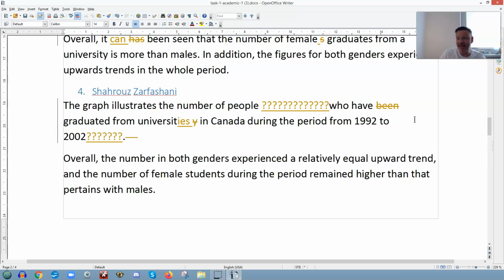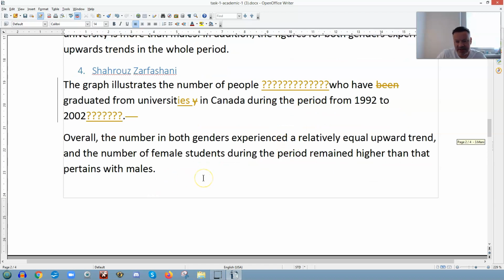Put that detail in. Get it in. Overall, the number in both genders experienced a relatively equal upward trend. Well, yes, but there was more. The number of female students during the period remained higher than that of males or men. Okay.